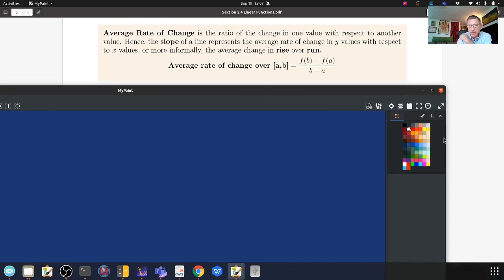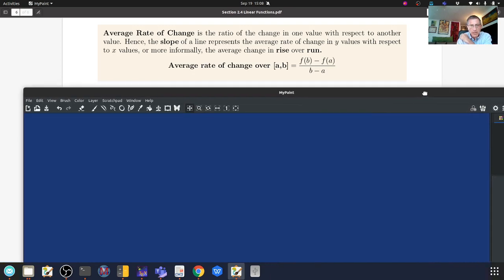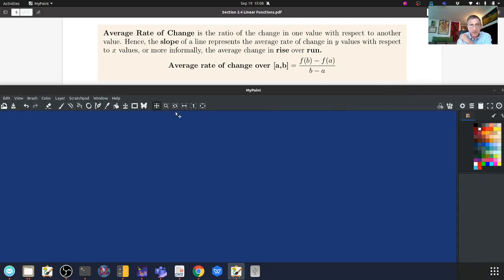I like this because I really have a huge digital canvas. So my slope, m, is given by y2 minus y1 over x2 minus x1.